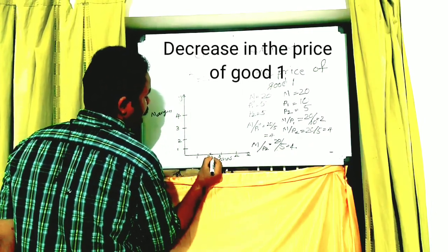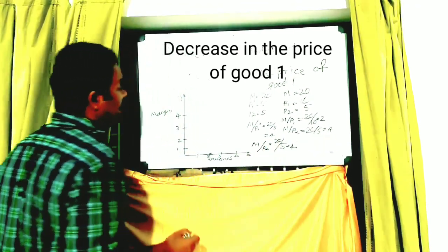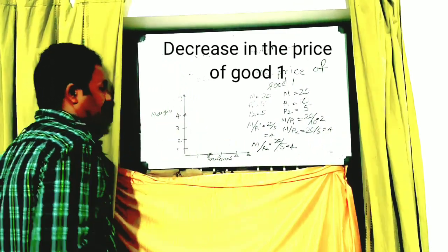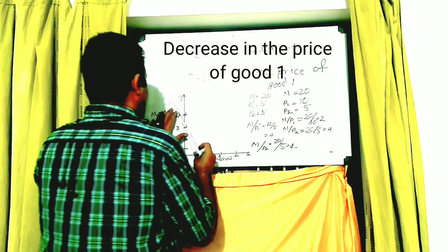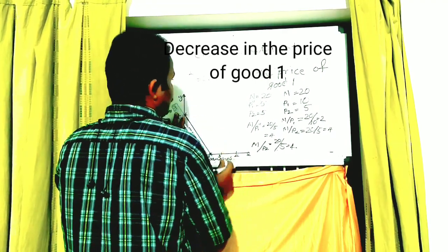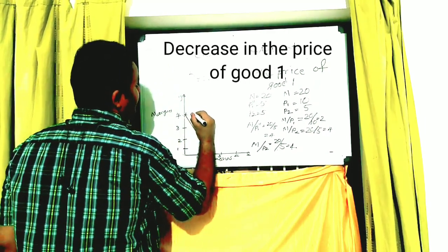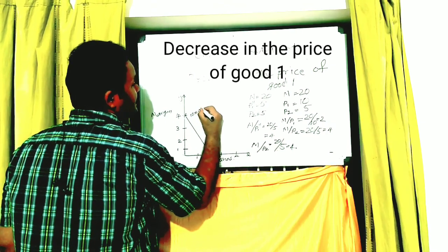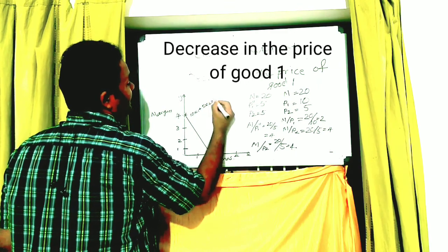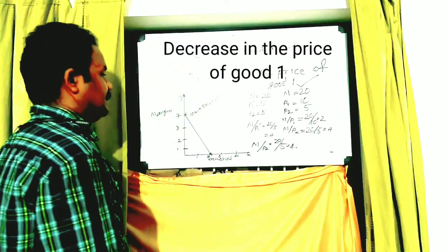We can mark here 2. The vertical intercept, that is M by P2, 20 by 5, that is 4. By joining these points we will get a line, that is the budget line. This budget line represents the equation 10x1 plus 5x2 is equal to M. What is M there? 20. This is the initial case.